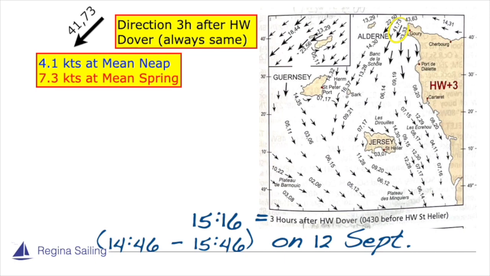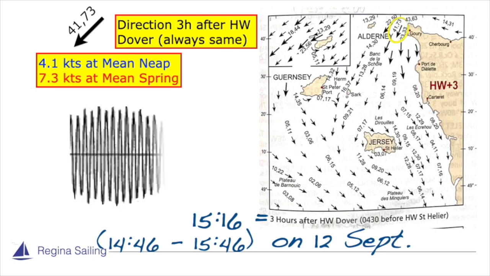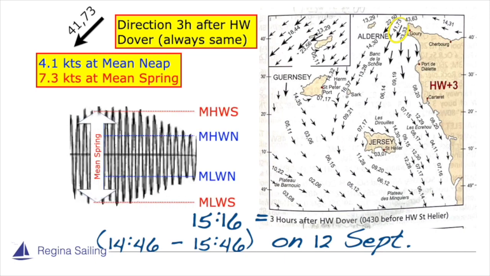But it says mean neap. It can very much be stronger or weaker if your current spring is even beyond the mean spring. Remember from the first video, it alternates up and down, and then you have a mean spring and a mean neap. So the red one for mean neap and this for mean spring.